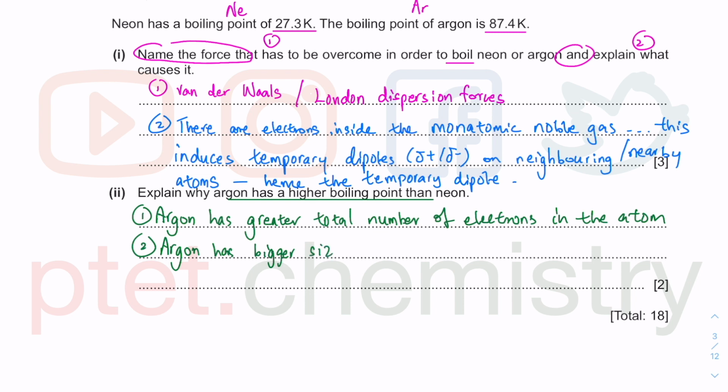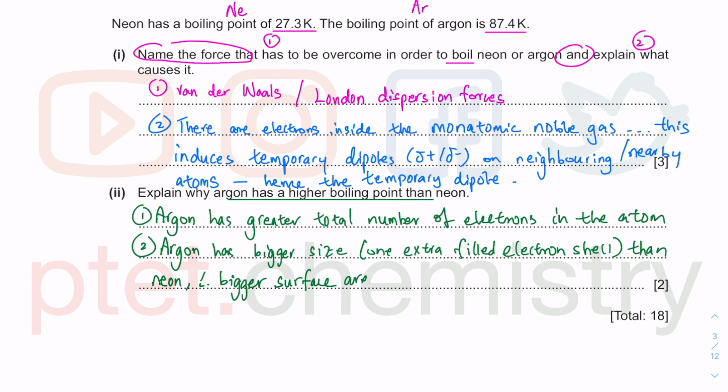because it has 1 more shell. So 1 extra filled electron shell, as it is further down group 8 or group 18, the noble gases group, compared to neon. Therefore, bigger surface area due to the bigger size.